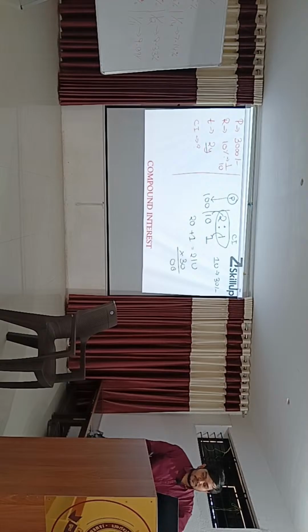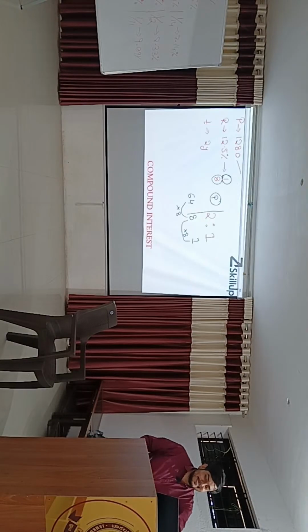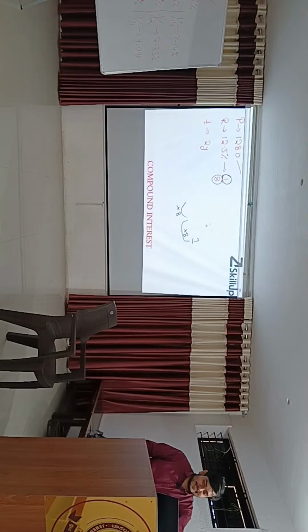So 0, 0, plus 3, 6, that is 630. Very good, right? Please, in order, same thing. 2 years means 2:1. 1 and 8 outside.